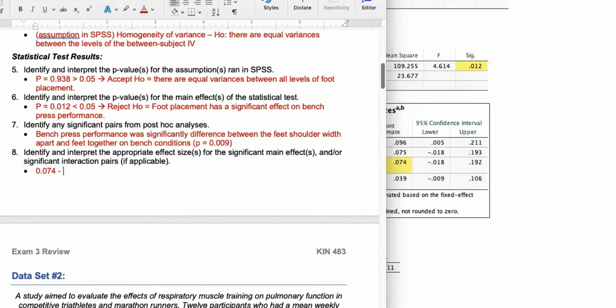So if you have 0.01 or something close to 0.01, that's small. If it's about 0.06, it's more medium. 0.14 and above is considered large. So I would say this is probably closer to medium. So we'll just say medium effect size. And this is the effect size for the differences between foot placement conditions.